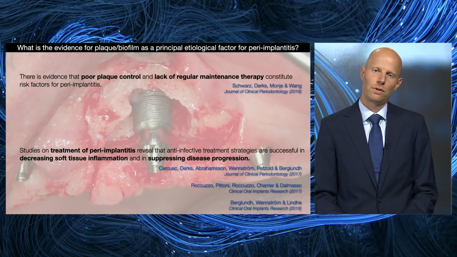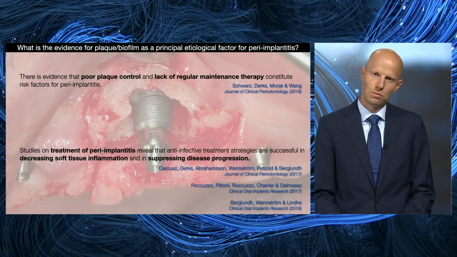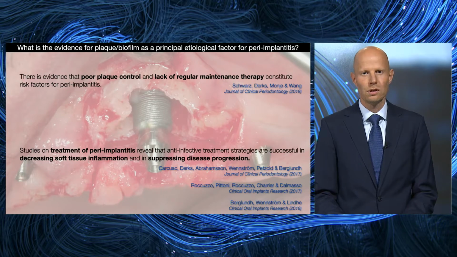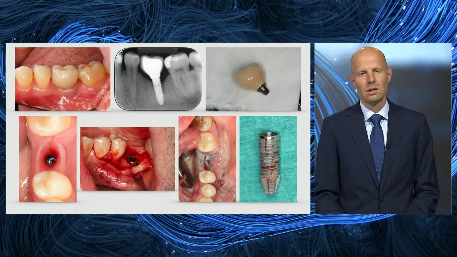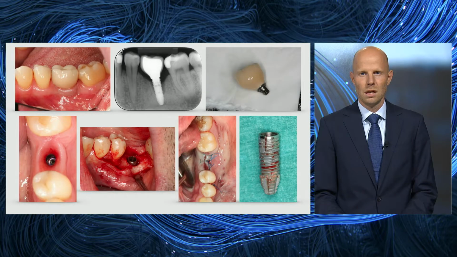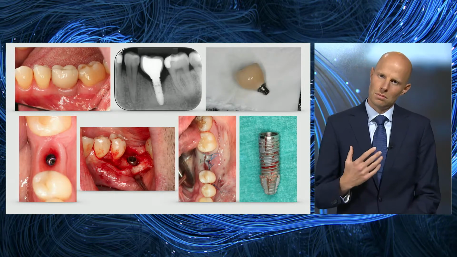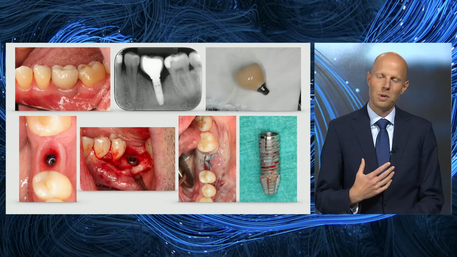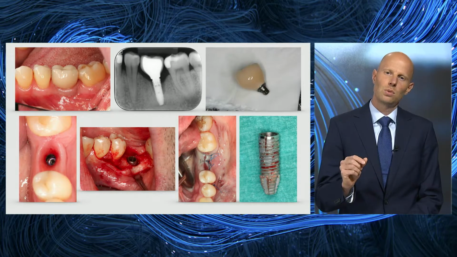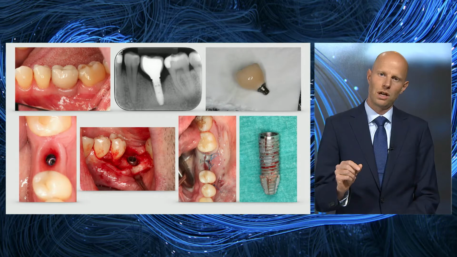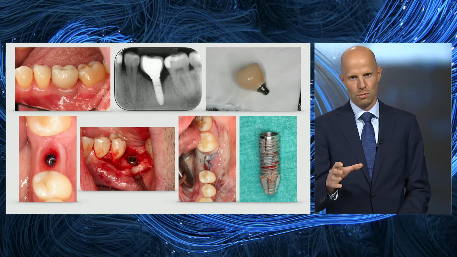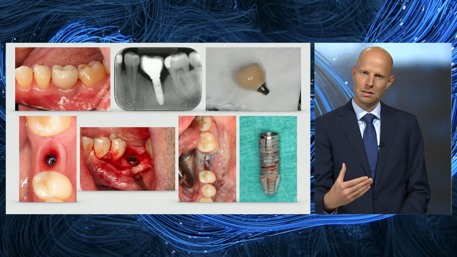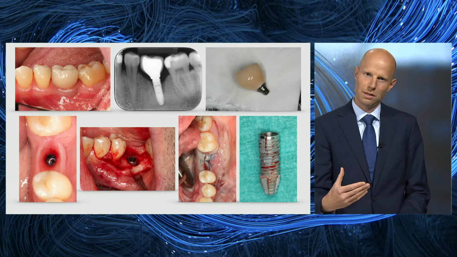I will, however, make one exception where I see a different pathway, and that is related to fractures of the implant. And this is something that, in my opinion, if I may speculate, we underestimate. Fractures of the implant are an initially mechanical problem that then takes on the form of peri-implantitis.